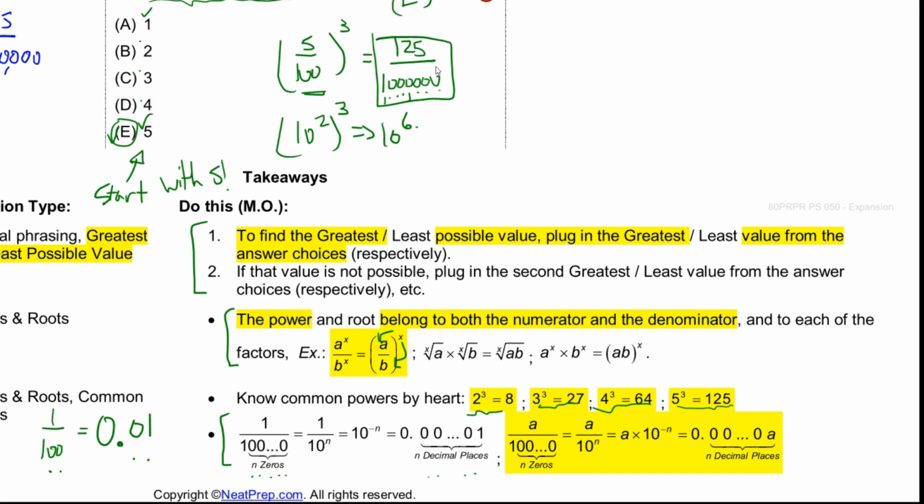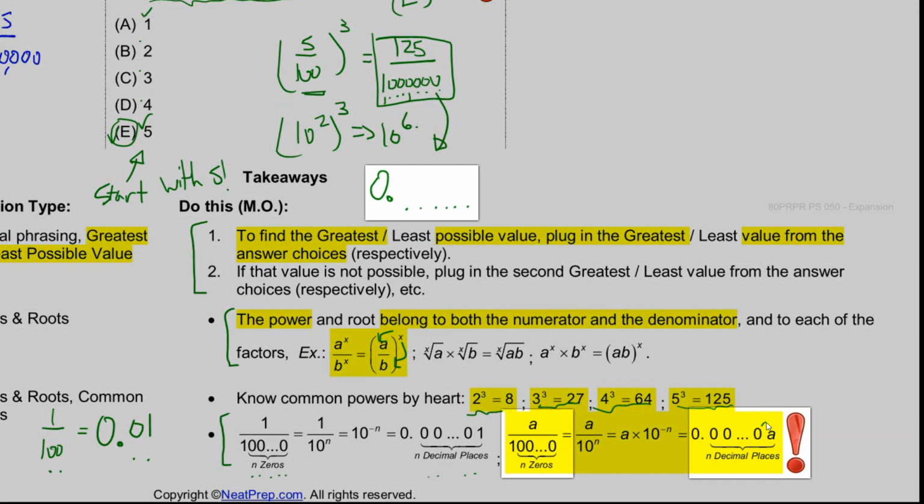Similarly, when dealing with 125 divided by 1 million, since 1 million includes exactly 6 zeros, the decimal expansion will contain exactly 6 decimal places. Moreover, you can see in this very useful example that the decimal expansion will end with the numerator 125.